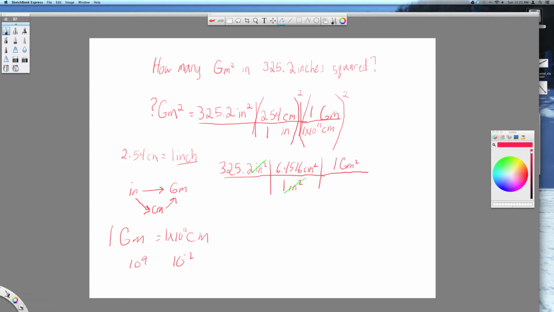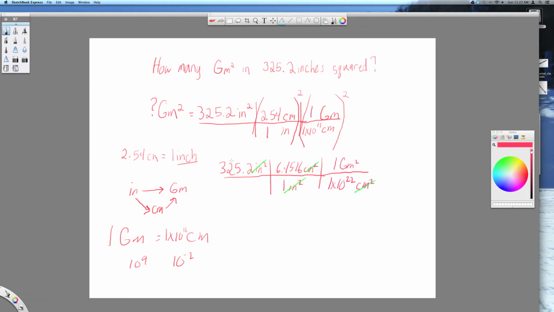Well, when you square exponents, you just multiply the 2 by whatever the exponent is. So 2 times 11 is 22. So we're going to have 1 times 10 to the 22nd centimeters squared. Centimeters squared cancels. Now what are we left with? We're left with gigameters squared. Where did we want to get? We wanted to get to gigameters squared. So there's no need for any more brackets.